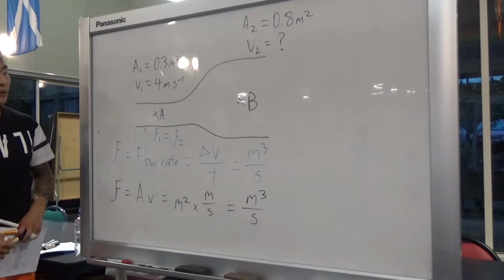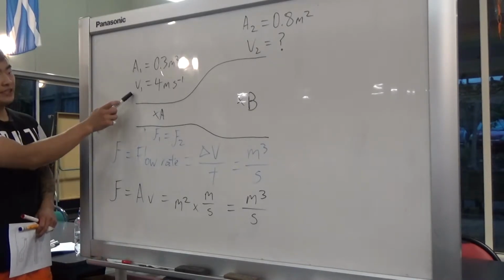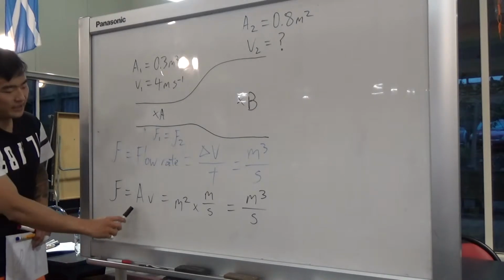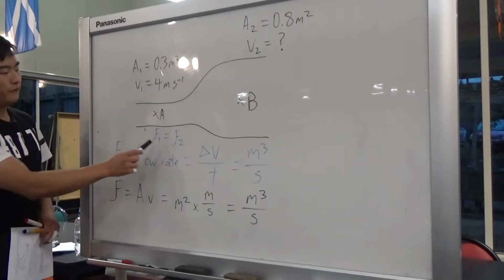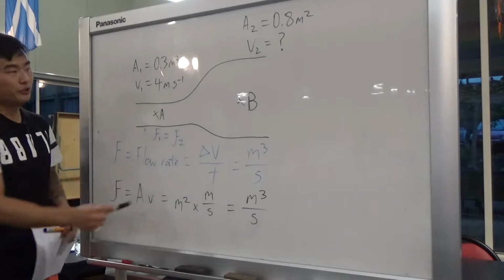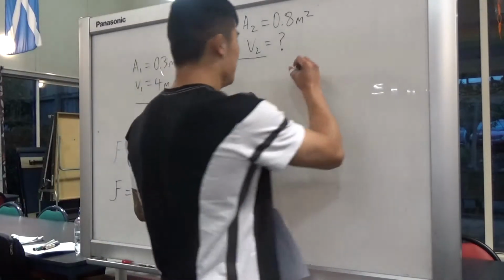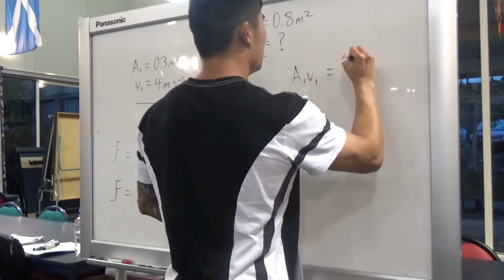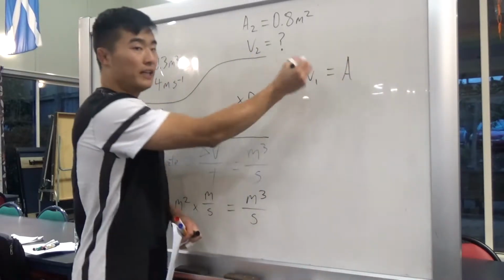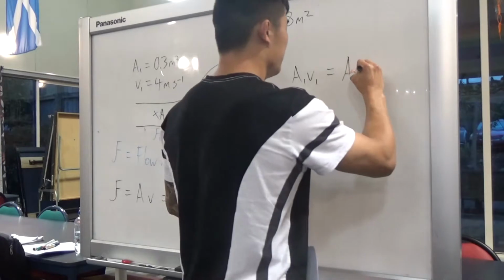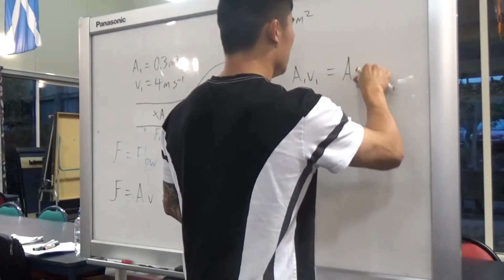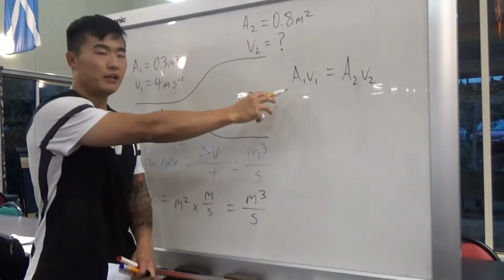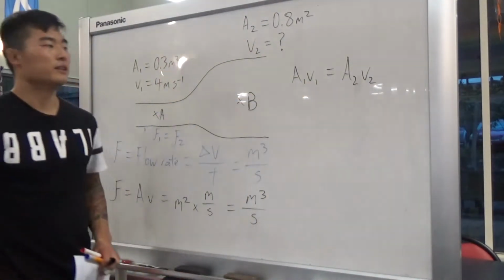Okay, so here we've got the area and the velocity. So we're going to use this equation here. And so if flow rate 1 is equal to flow rate 2, what that means is that A1 V1, right? So this is flow rate 1, is equal to A2 V2. So flow rate 1 is equal to flow rate 2.